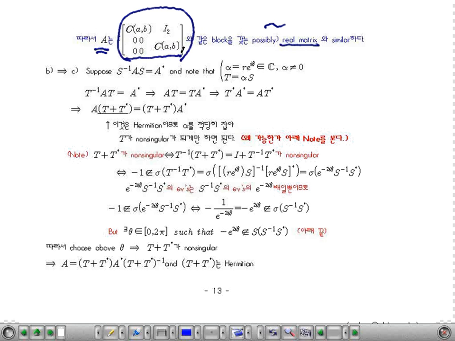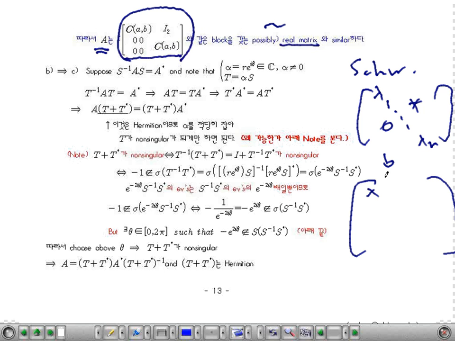We have, by the Jordan canonical form, lambdas and like this, isn't it? So by Jordan canonical form, we have Jordan blocks, and lambda and lambda bar. If those are all diagonals, then we have a simpler form of this, which is just real numbers. If we have Jordan blocks like this, then we have this type of blocks.